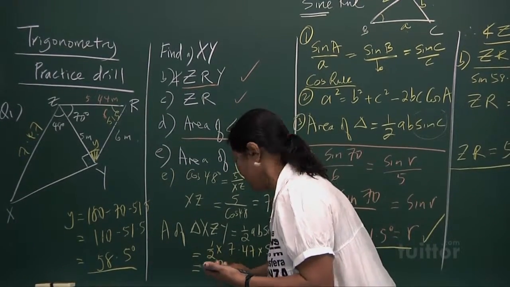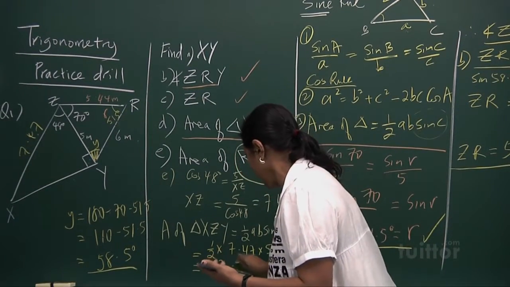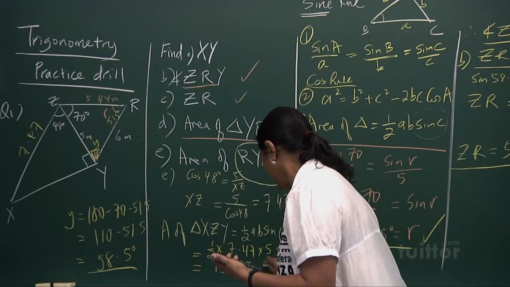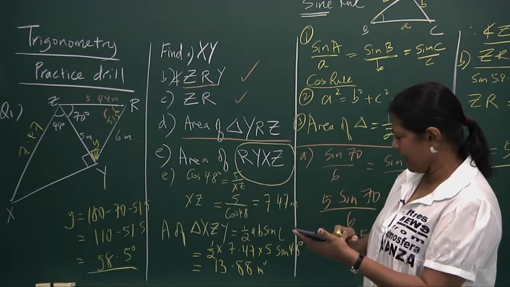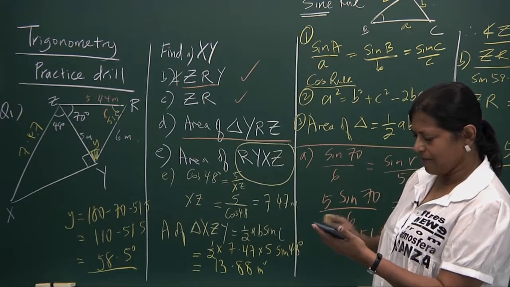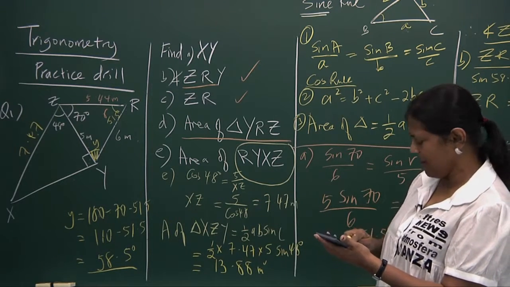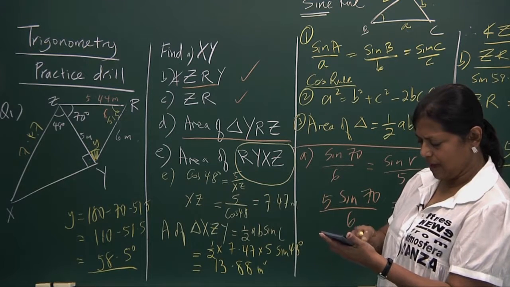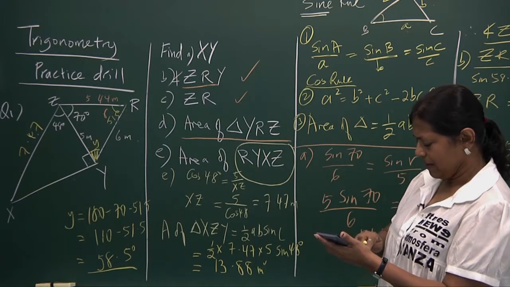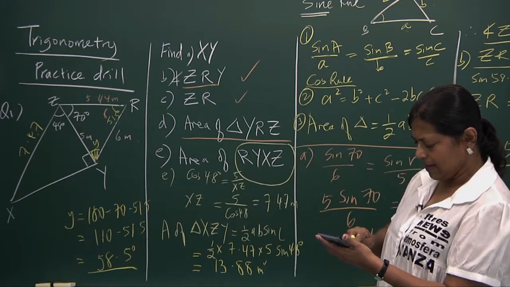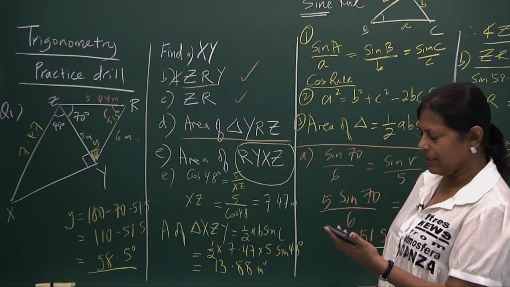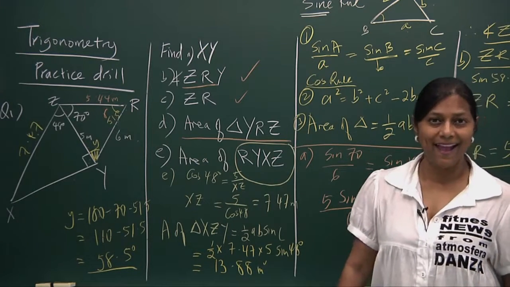Did you get that? 13.88 if I round up, meters squared. Let's check it out again. 0.5 is a half times 7.47 times 5 times sine 48 degrees. Answer, you get 13.8.